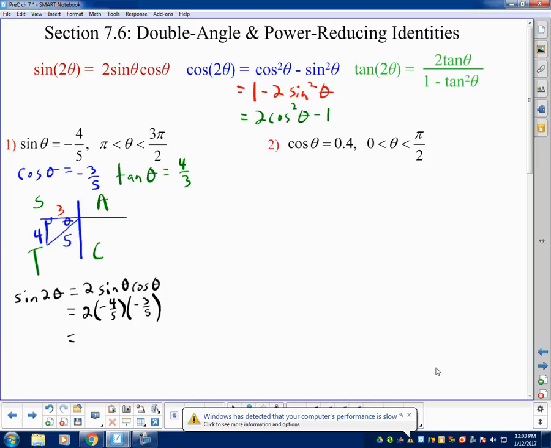So we have 24/25. So you just plug in the values of sine and cosine of that angle that we drew in the third quadrant. So my picture is a picture of theta. If I wanted to find sine of twice that angle, I could do it.